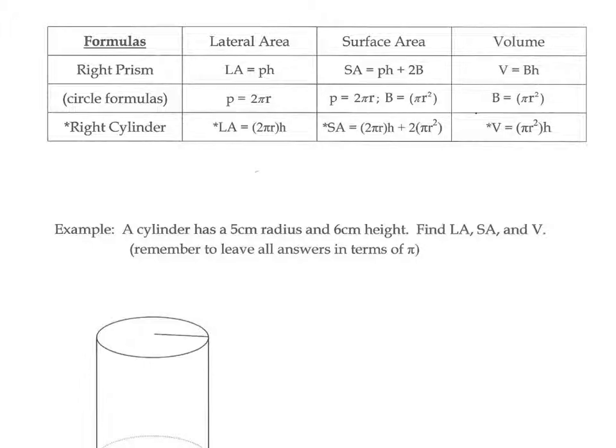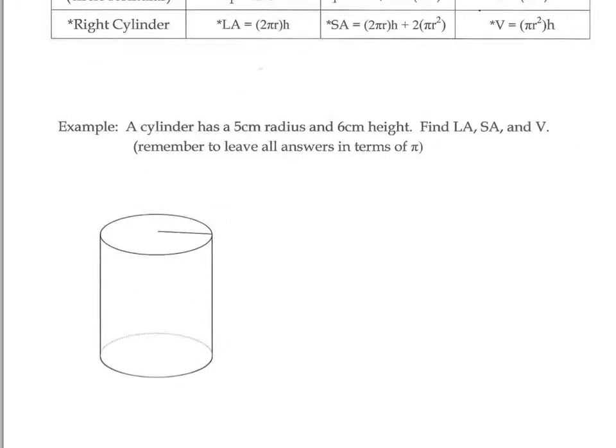So let's look at this example that we have here. A cylinder has a 5 centimeter radius and a 6 centimeter height. So I'm going to go ahead and label the radius and the height. And we want to find lateral area, surface area, and volume. And again, this tells us, leave pi in your answer. Don't try to multiply it out. Makes it a little bit easier for you.